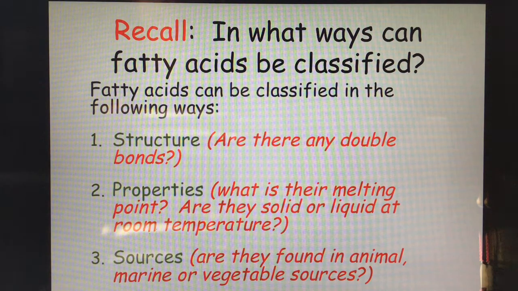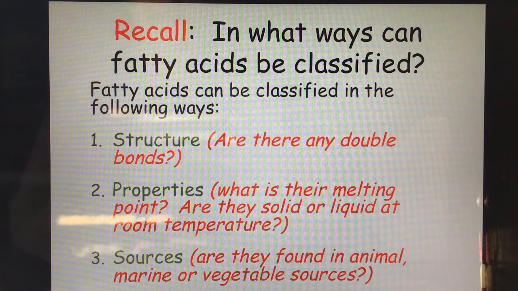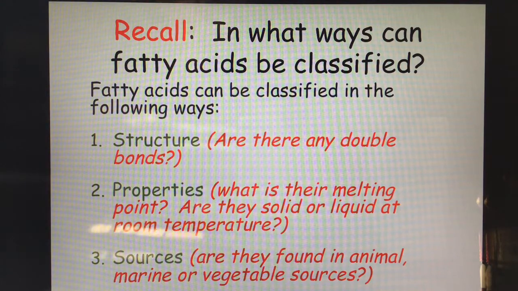We can also classify fats by their properties. What is their melting point? Liquid at room temperature or solid at room temperature? And sources, what kind of sources are they found in? Animal sources, marine or vegetable. As a general rule, if they come from animal sources, it means they are saturated fatty acids.